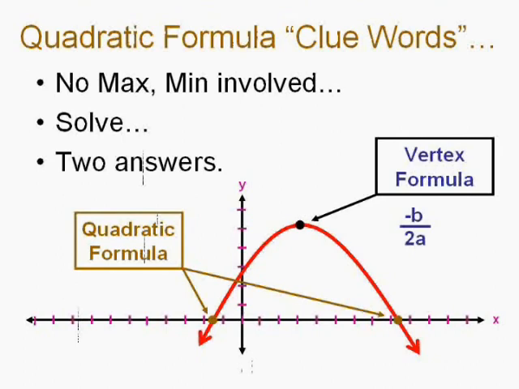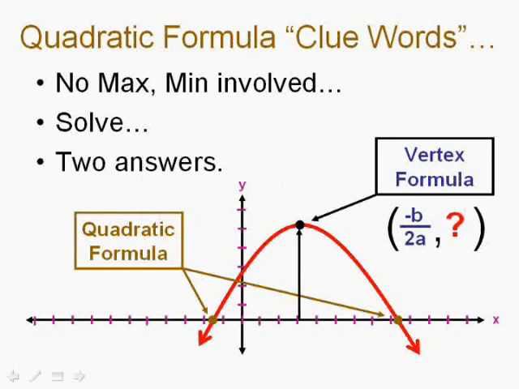So that black point, remember, is a point, and any point has two coordinates. The vertex formula, negative b over 2a, only gives you the x value. You get the y value by placing that x value into the function and actually finding the height of y at that x point.